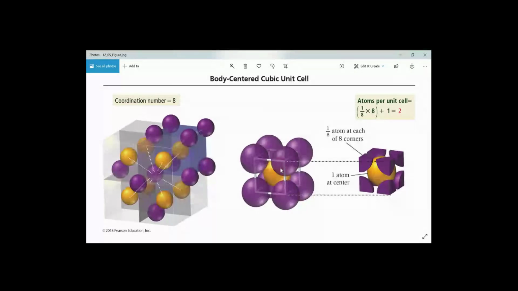But here's body centered. Here's body centered, and you can see the gap I'm talking about between the atoms because there's one in the body. Now, the gold one, assume it's the same atom as the purple ones. That's not always the case, it doesn't have to be, but just right now, assume it is. They're all the same size. It's just how they're arranged.